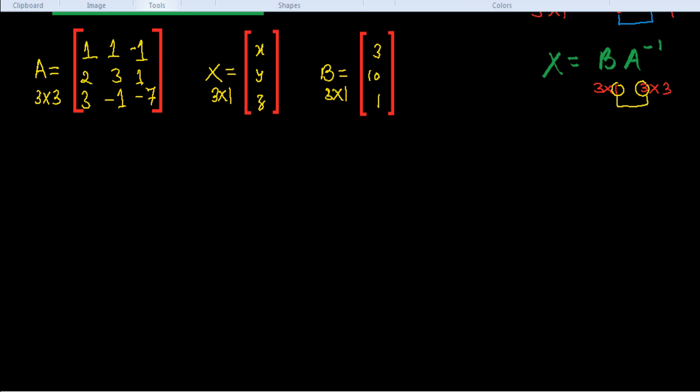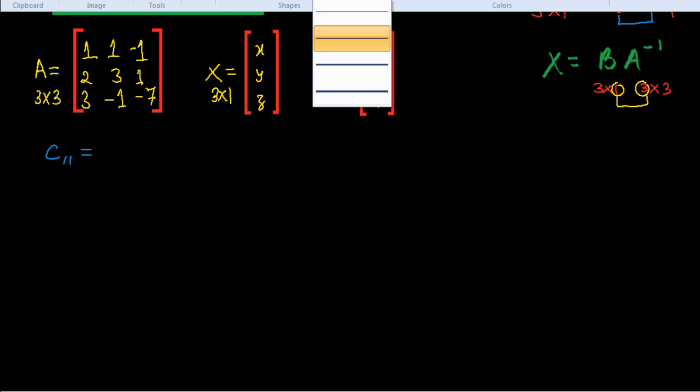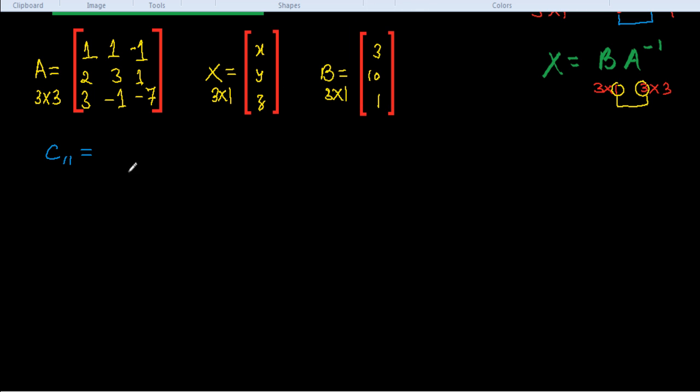C11 is the element except first column and first row, because the A11 element is this, so this element comes in first row and first column.